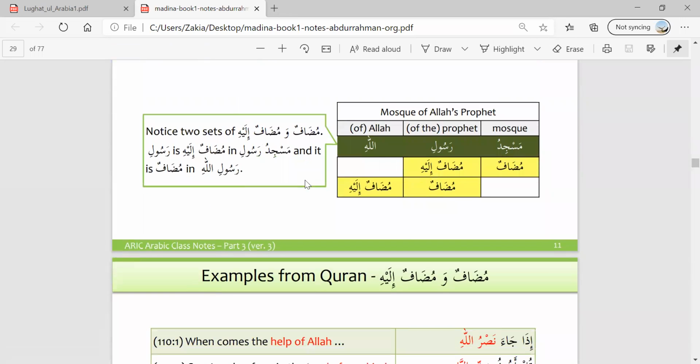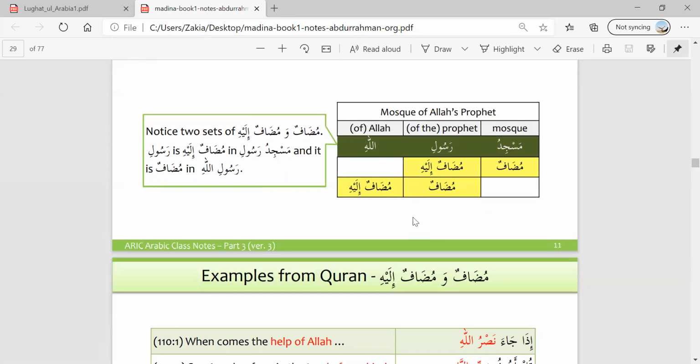Okay, so here we have Masjidu Rasulillahi, so the mosque of the Prophet of Allah. You have two sets of mudaf and mudaf ilay. So you have mudaf, the masjid of the Prophet. So this is mudaf ilay, and the name of the Prophet also acts as a mudaf to the name of Allah subhanahu wa ta'ala.